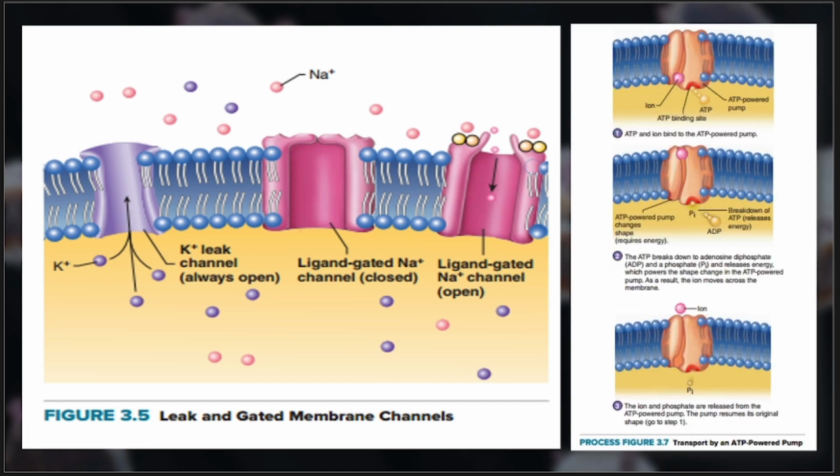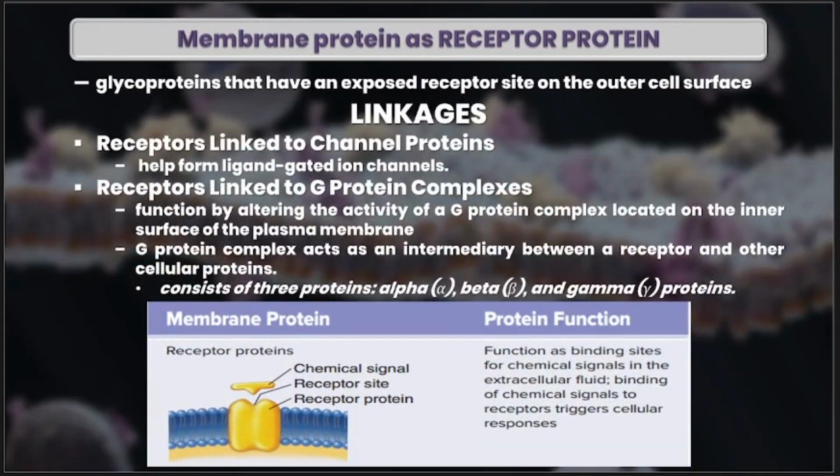Okay? Now, we also have your membrane proteins as receptor proteins. Receptor proteins are involved in cell signaling. They bind to specific molecules such as your ligands, hormones, or neurotransmitters, and it will trigger a response within the cell. Okay?